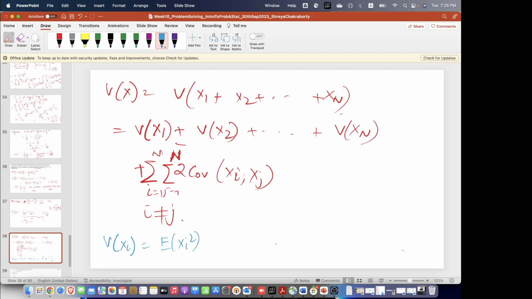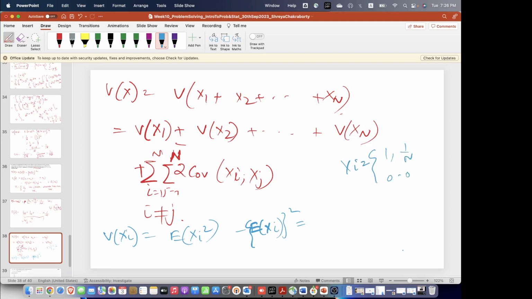So the variance of xi would be the expectation of xi square minus the expectation of xi whole square. For the expectation of xi square, xi is 1 with probability 1 by n, and 0 with probability 1 minus 1 by n.